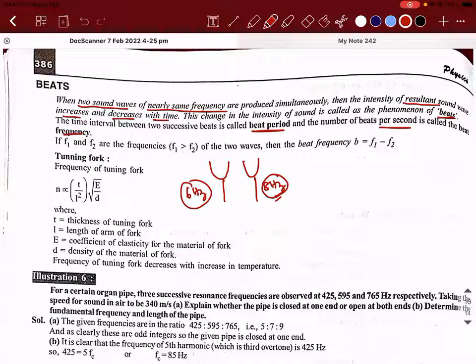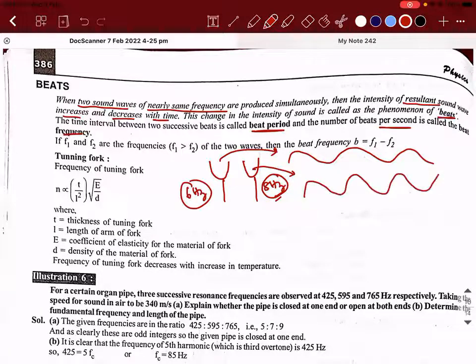When you hit it and create a sound, this will start producing a wave. And when you hit this, this will also start producing a wave. Now, if this wave and this wave are written mathematically and they get combined with each other, that is, if they superpose, then you will get something like this.